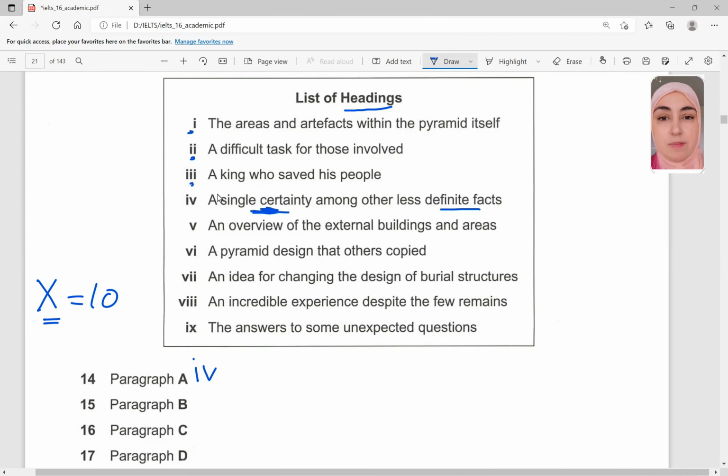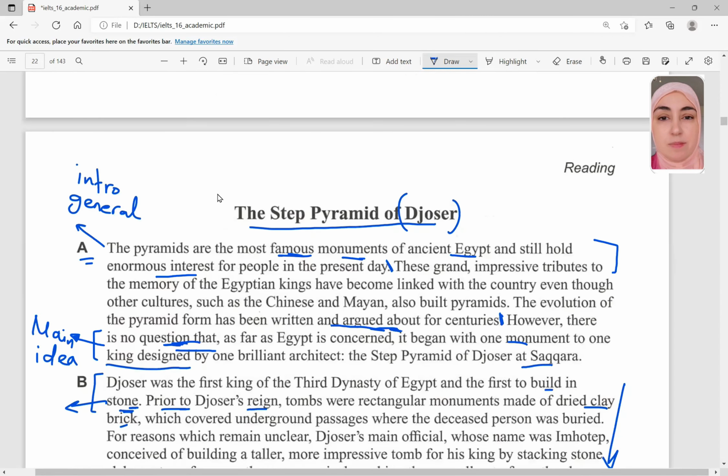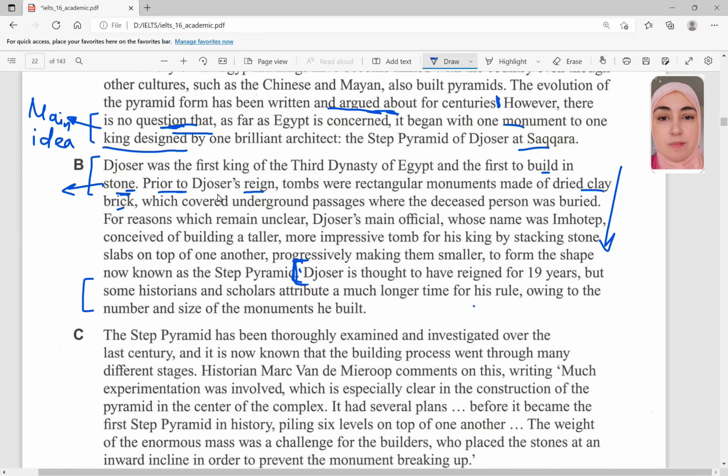And I find this one an idea for changing the design of burial structures. This is kind of similar, I would say, but I'm not 100% sure. I go back again to the text. You see how we do it? So here, if I read a little bit further, they say which covered underground passages where the deceased person was buried for reasons which remain unclear.